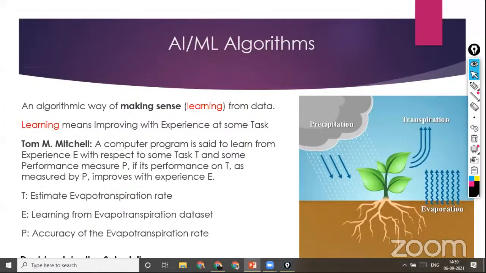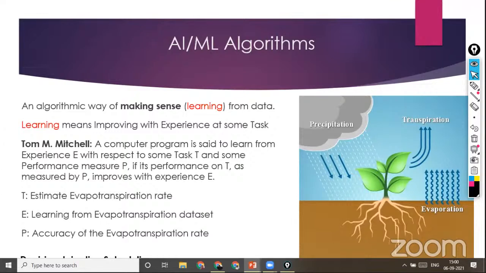Now, coming to AI and ML algorithms. Let's have a clear look at what exactly these AI and ML algorithms are doing. What is the role of artificial intelligence or machine learning algorithms in agriculture? Before that, let's look at what exactly the learning process is. You can say learning is an algorithmic way of making sense from data.